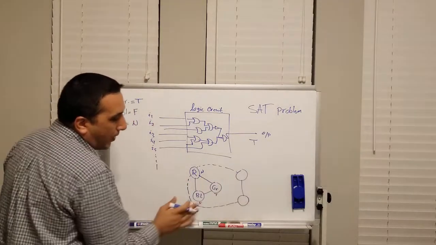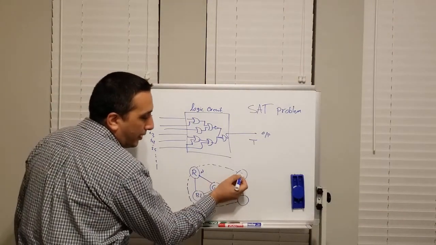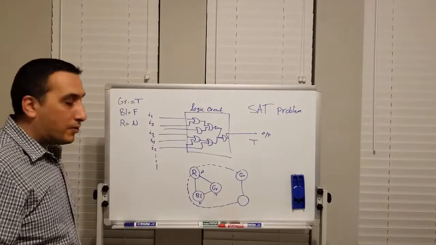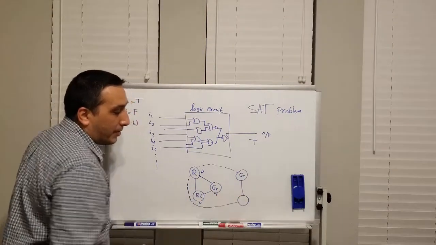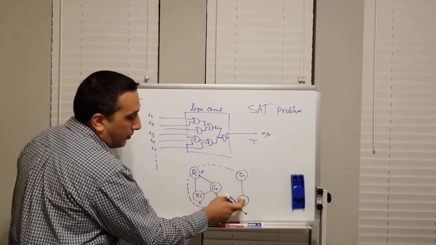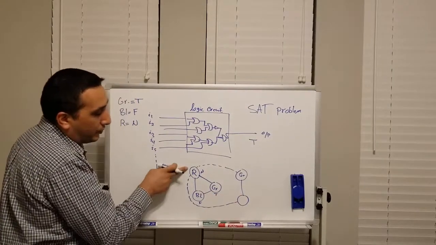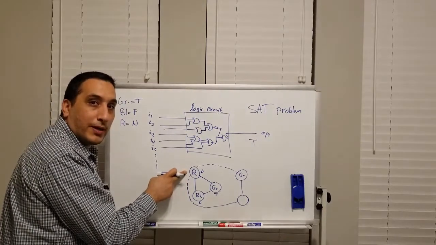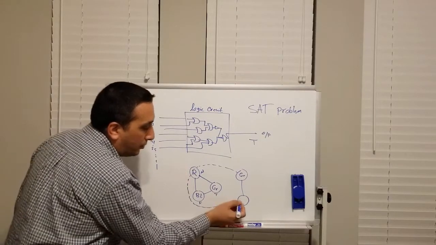Therefore, given the way the graph is structured and connected, if we assign green in here, what color must we assign to the vertex at the bottom? This vertex can't get green, and it also can't get red or neutral. So the only option we're left with is blue.